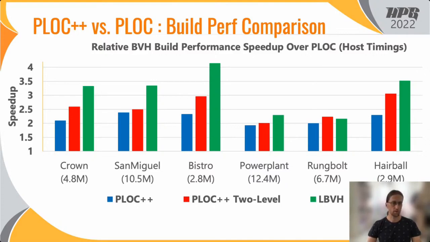So now the graph shows that PLOC++ provides roughly a speed up of 1.9 to 2.3x compared to the original implementation, while the two-level extension with its minimal kernel launch overhead increases the speed up even to 3x for some scenes.